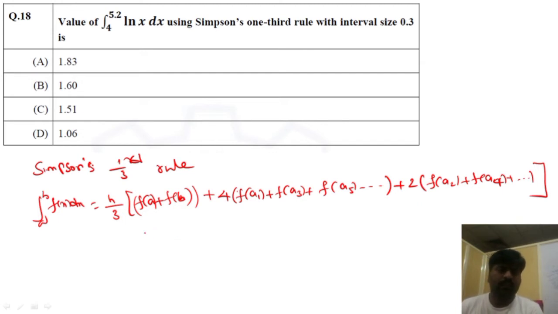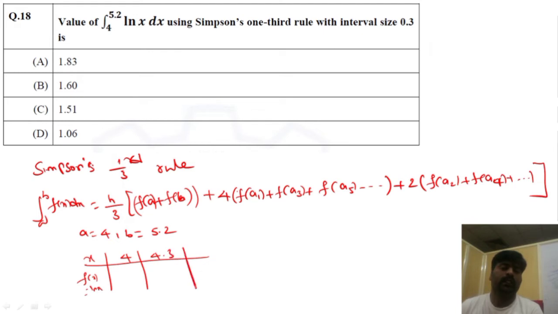Okay. So here given a is 4 and b is 5.2, and the interval size is given, so we take x values and f values. f of x is ln x. So a is 4 with interval size of 0.3. Adding 0.3 gives 4.3.